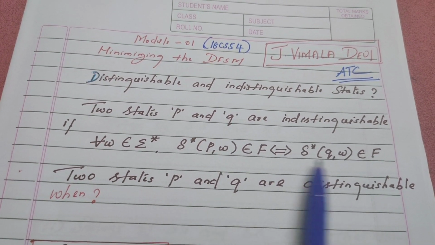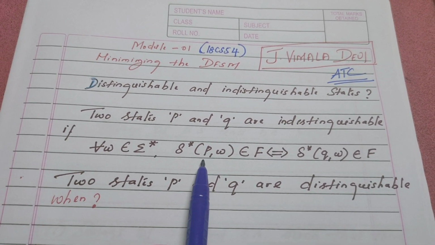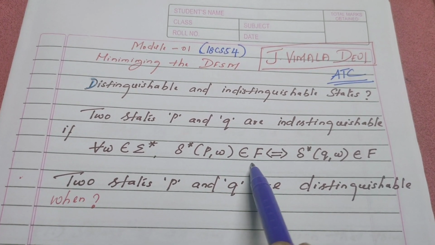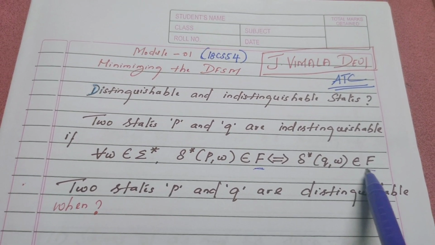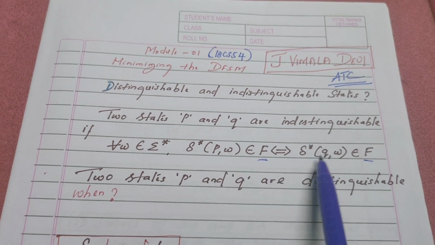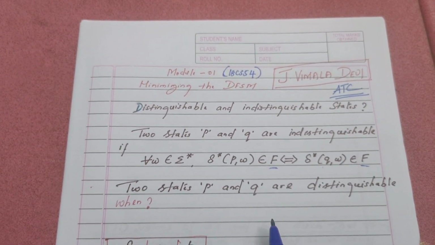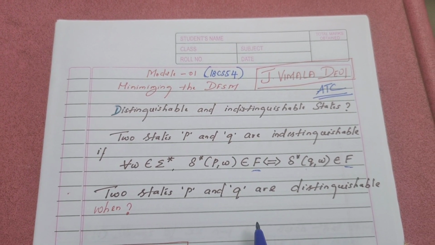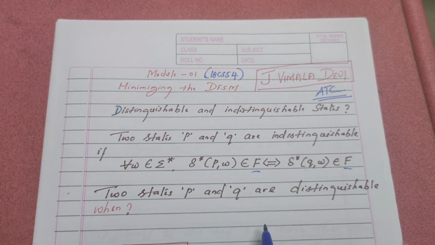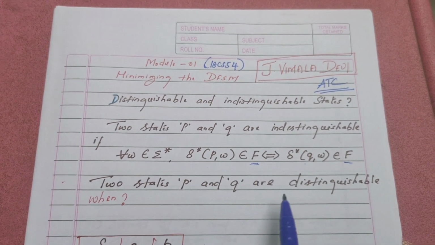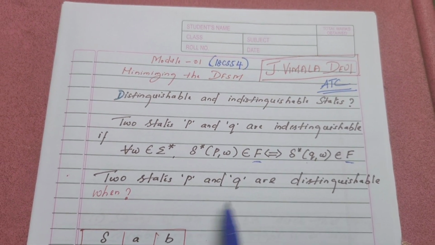After reading the string from the state P and the state Q, the state it reaches is the final state. So I can say that P and Q are indistinguishable states. If P and Q are not distinguishable, then you can call them indistinguishable states.